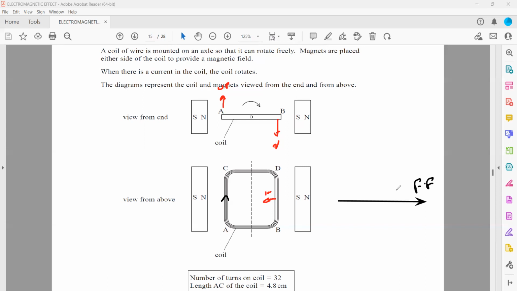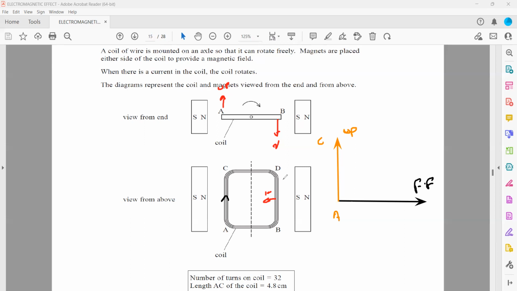So the index finger is pointing in the direction of the magnetic field, which is toward the right hand side. The second finger represents the direction of the current. We don't know the current, but if we consider the current is from A to C, it should point upward according to this diagram.